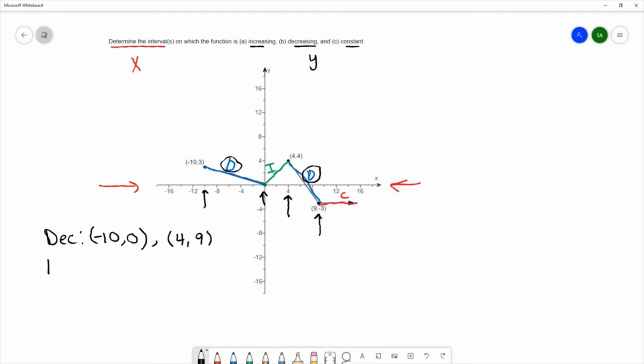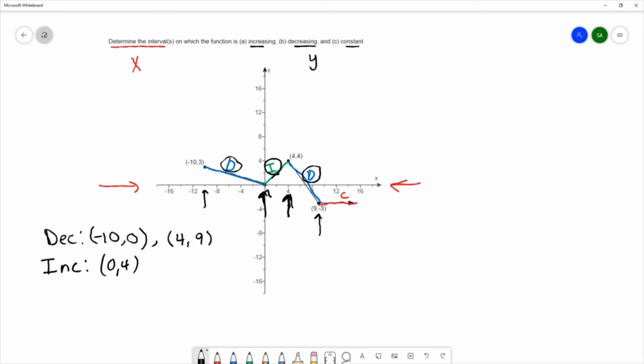And then we have an increasing interval right here, and we can see that that starts at an x of 0 and ends at an x of 4. Once again, our book uses parentheses on this, but pay attention to your book of whether to use parentheses or brackets.